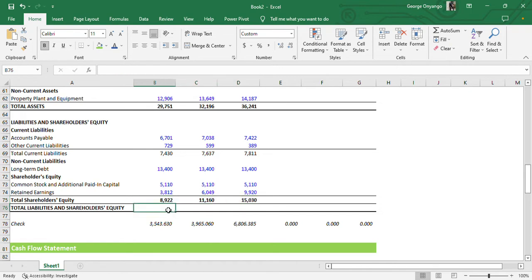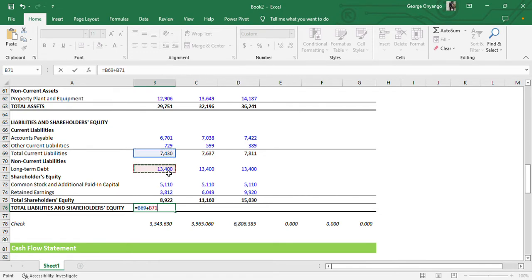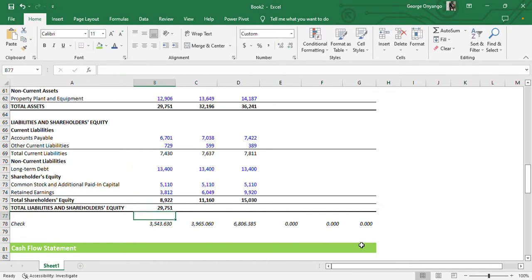Now to get the total liabilities and shareholders' equity, we are going to get these three: total current liabilities plus the long-term debt plus total shareholders' equity, and we are able to fill that right.